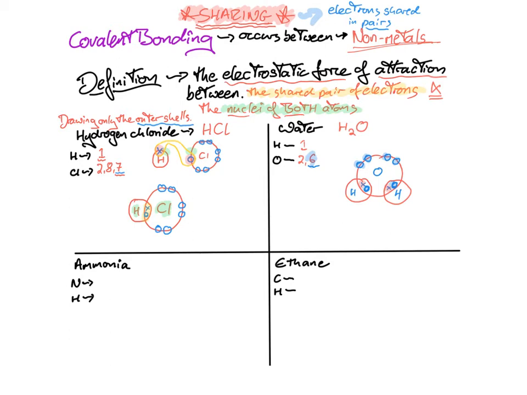Firstly, ammonia. 3 hydrogens bonded, so 3 bonding pairs: 1 bonding pair, 2 bonding pairs, 3 bonding pairs. The hydrogens only brought 1 electron, so they are already done. We've seen that in the previous examples. And the nitrogen brought 5 electrons.